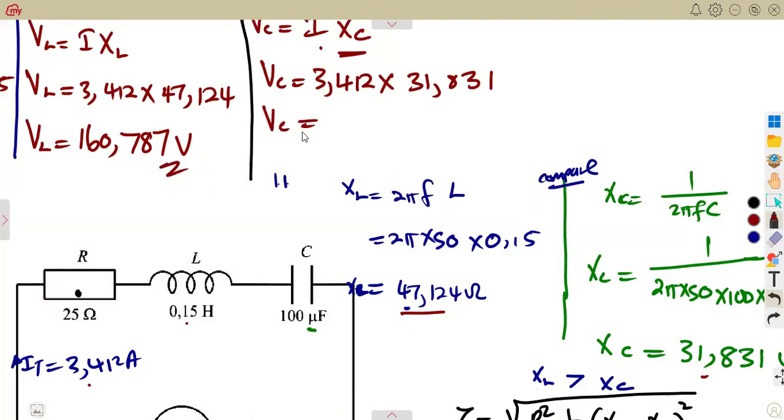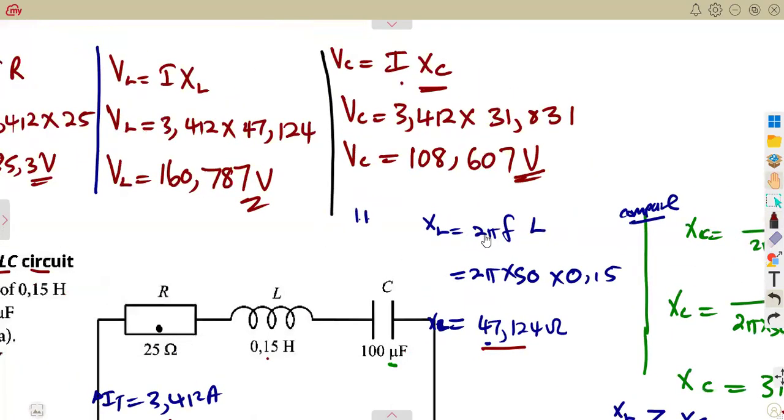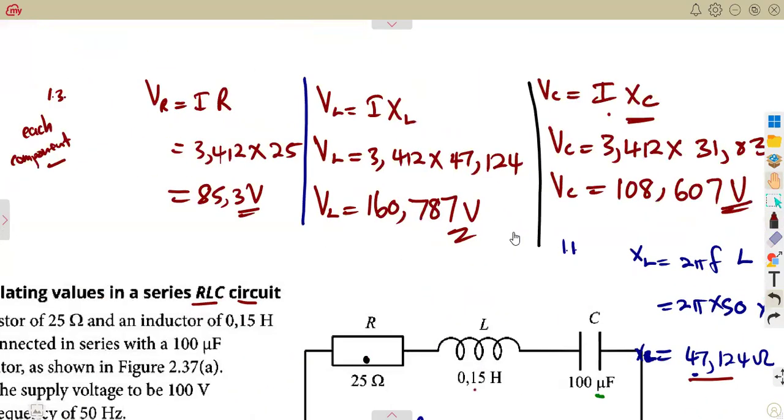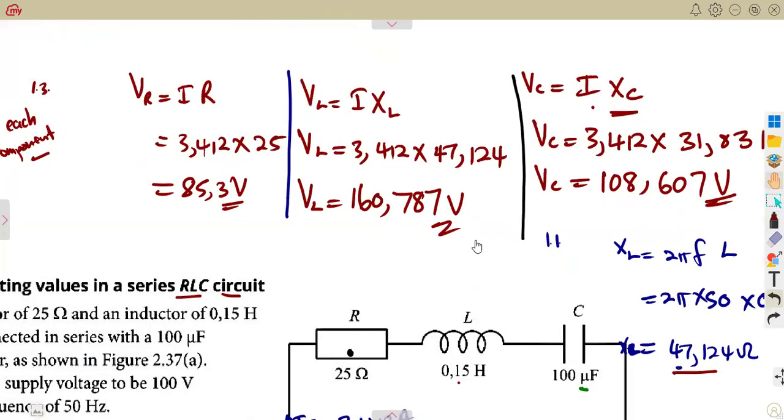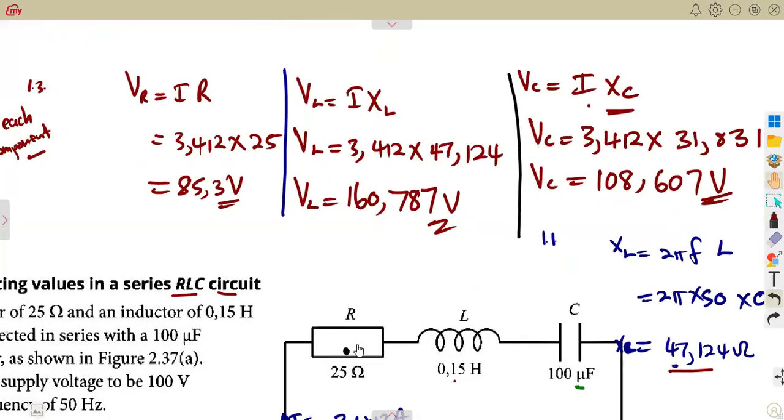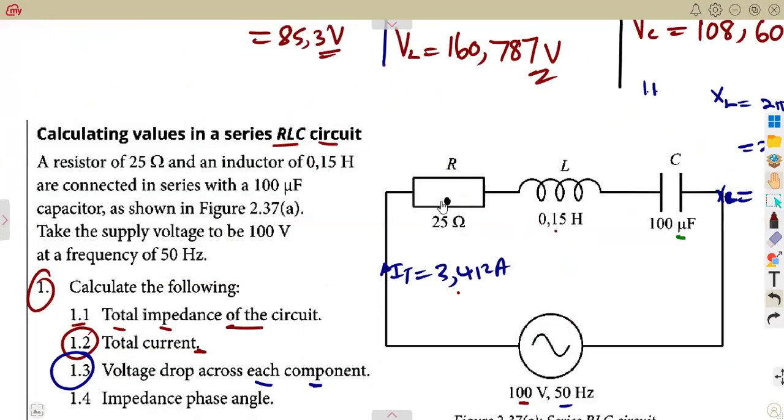Multiplying these two, you obtain 108.607 volts as the voltage across the capacitor. So there we've got the voltage across each component, guys: the resistor, the inductor, and the capacitor. These are the three components that we have.